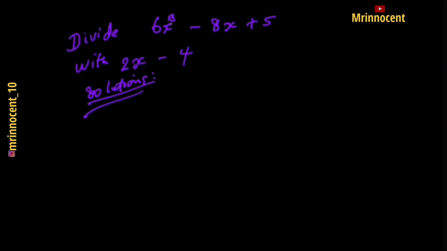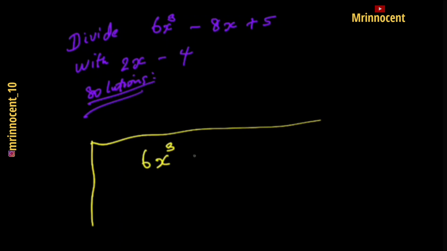Divide 6x power 3 minus 8x plus 5 with 2x minus 4. Solution. So you have 6x power 3 plus 0x power 2 minus 8x plus 5 divided with 2x minus 4.